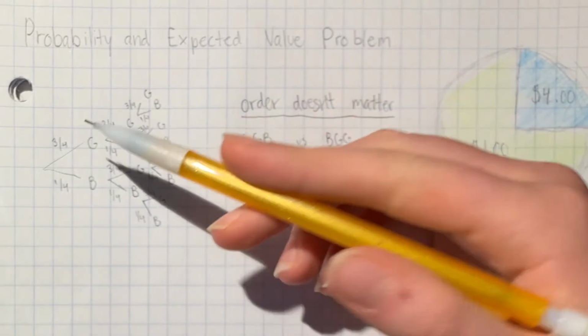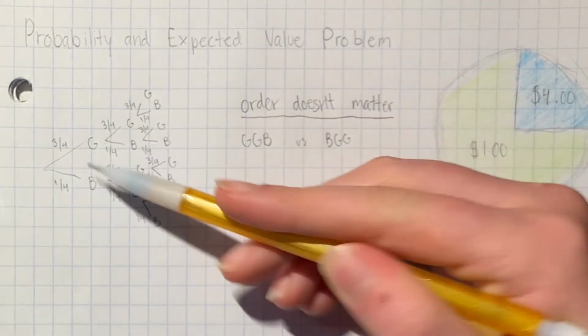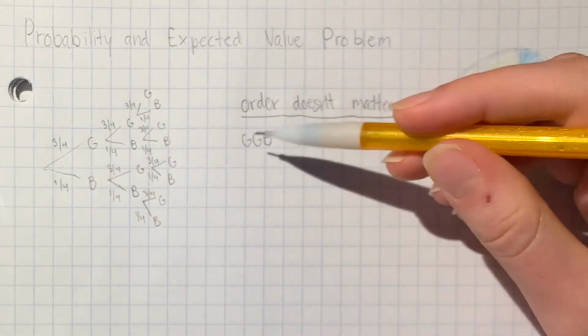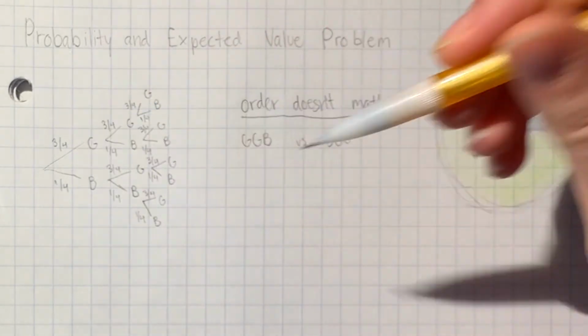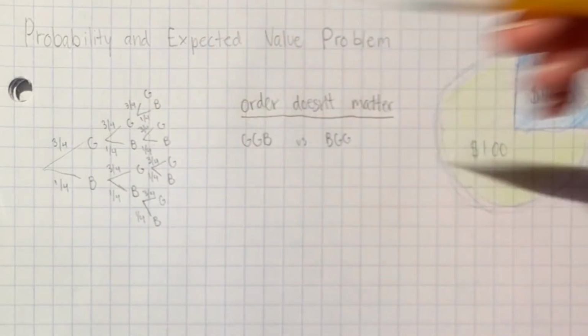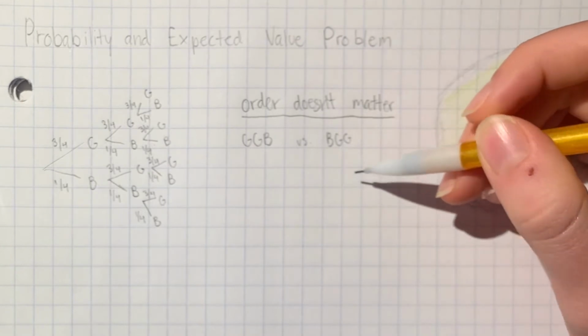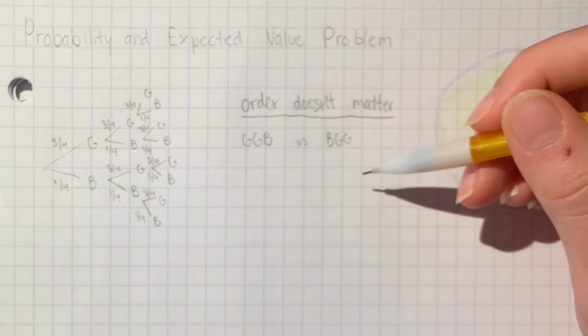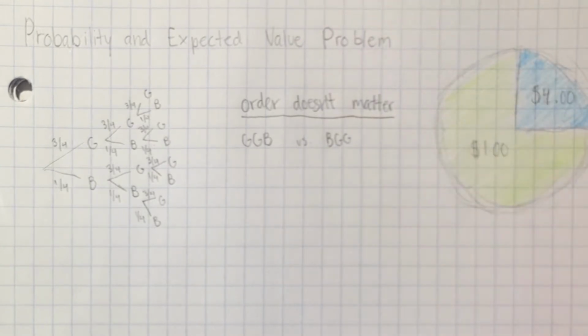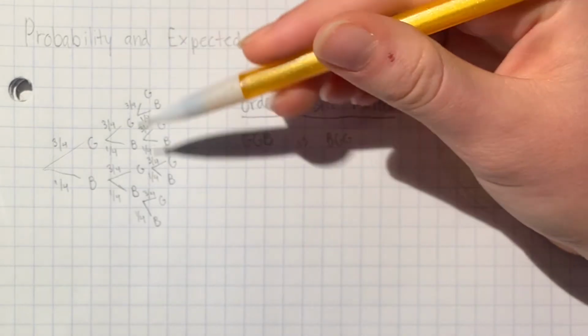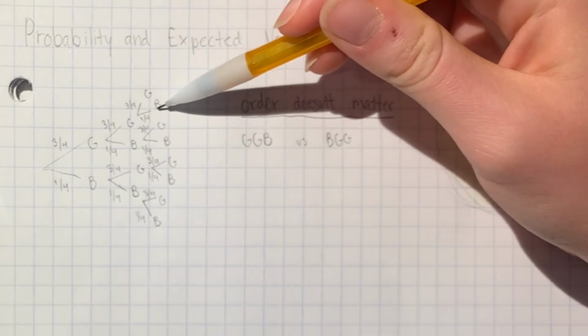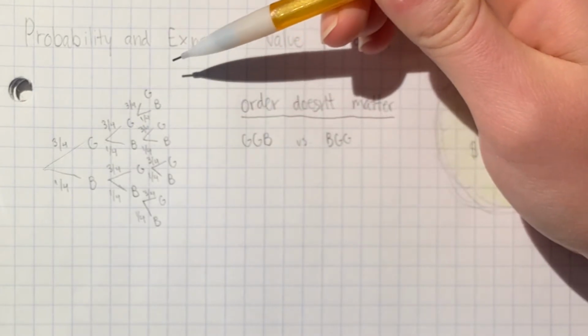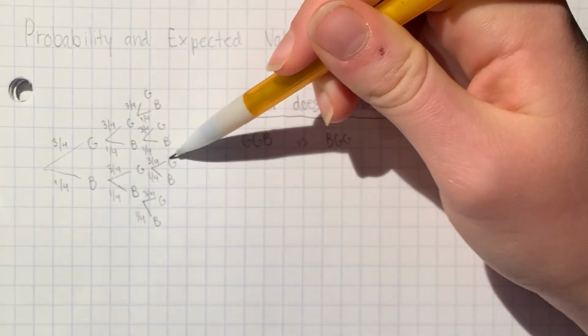But as you can see here, the probability here is never changing. So I'm basically saying 3/4 times 3/4 times 1/4 is equal to 1/4 times 3/4 times 3/4, which is true. So order does not matter. So GGB would be the same thing as BGG right here.